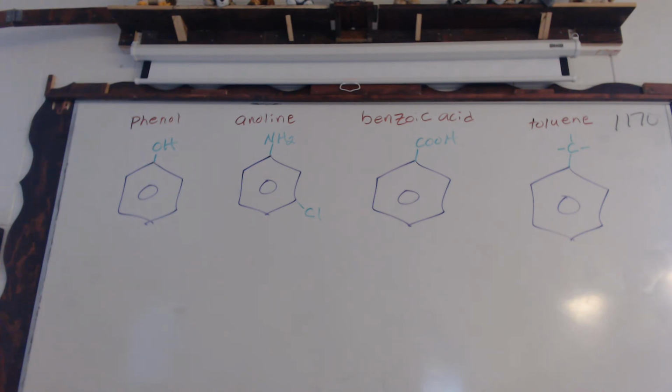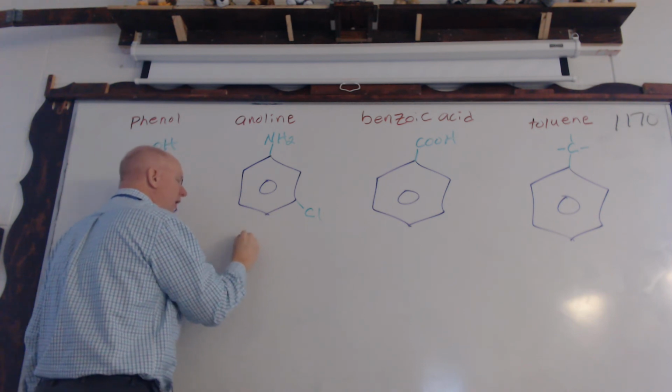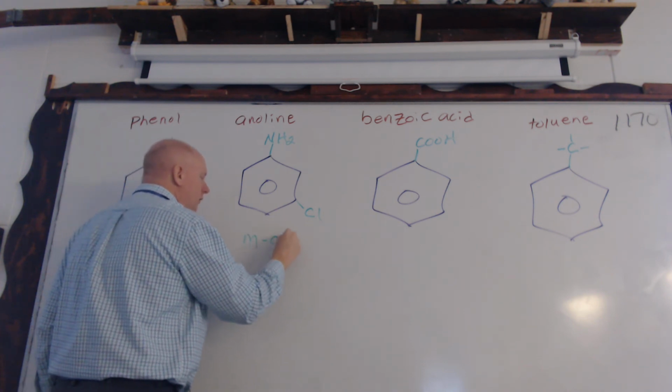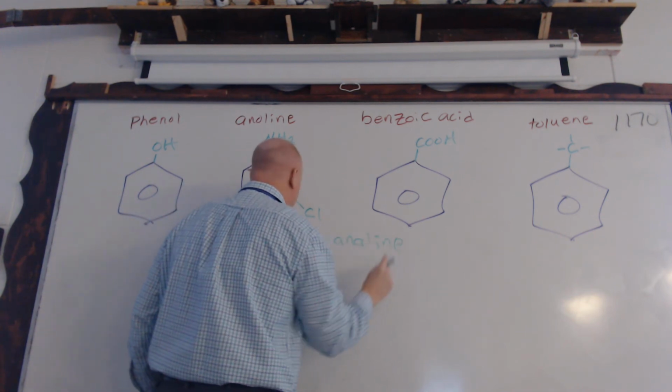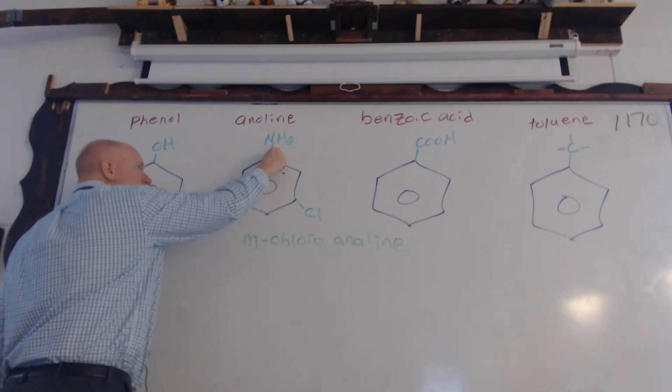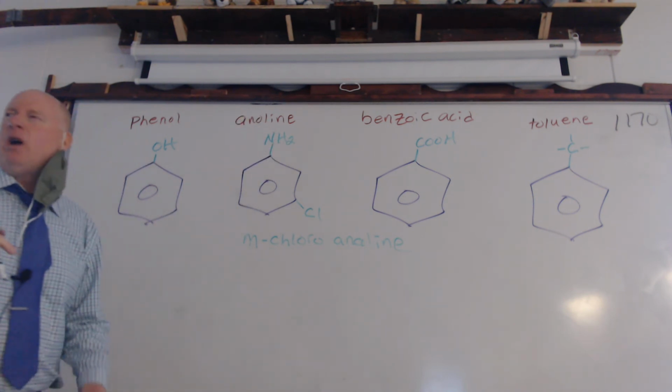And that would be what? Metachloroaniline. Because when you do that, all right, when you are saying this, that's already established as the number one carbon. How would you know that, though?